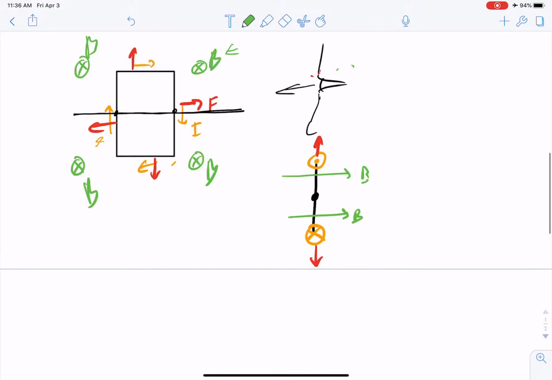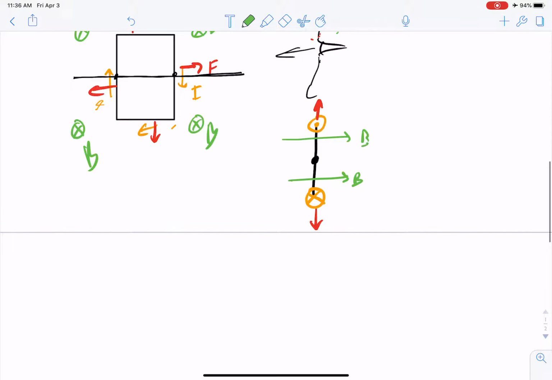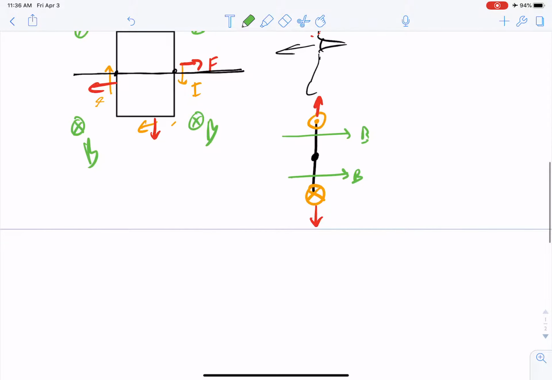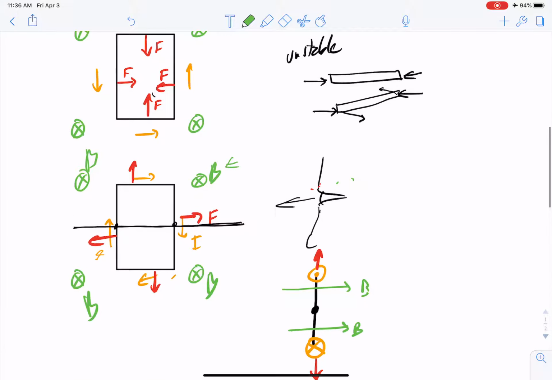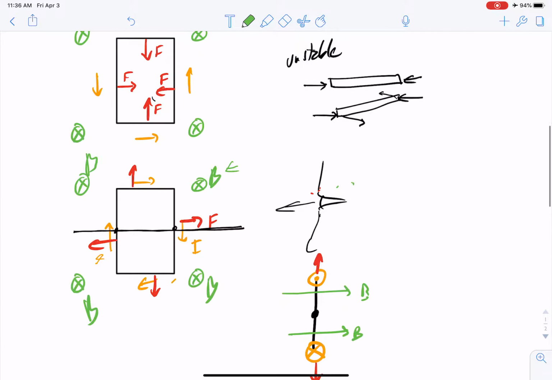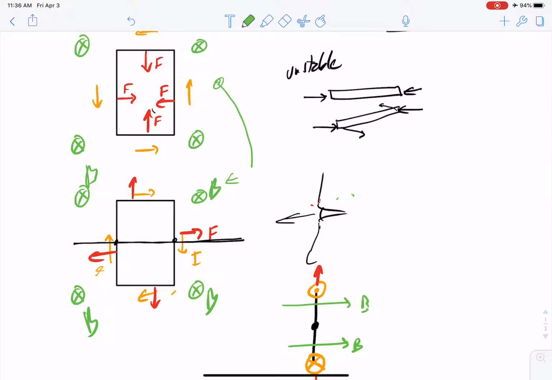All right. So now the reason we wanted to draw it from here is that now we can look at what would happen as this loop rotated. So we start up here and we rotate down to this position. Okay.